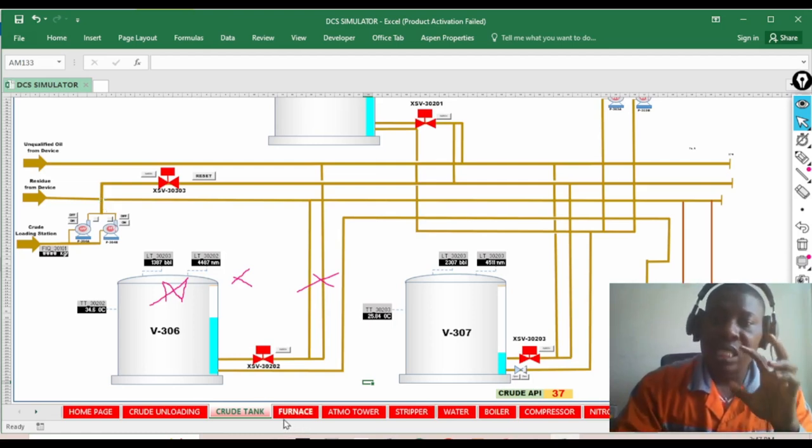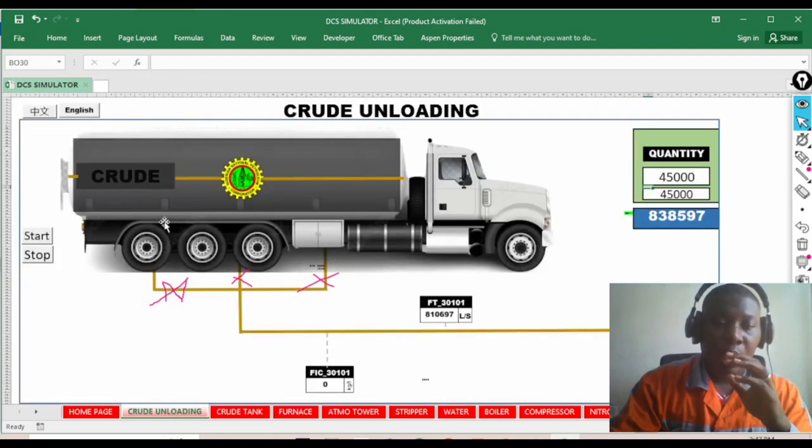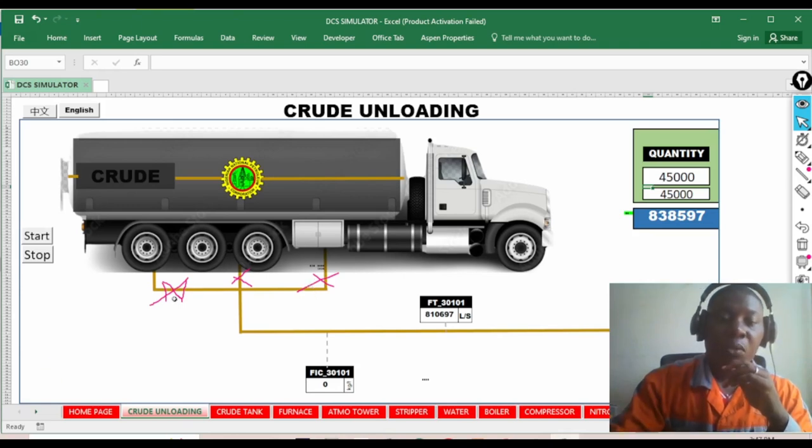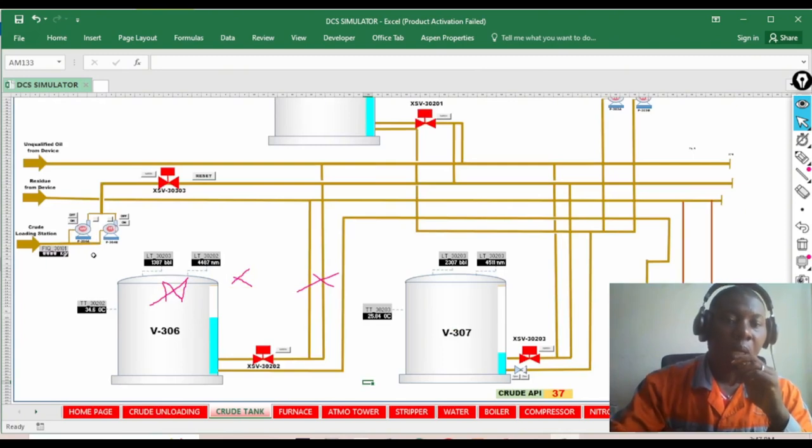So the first scenario is, let's say we've done our lineup. All the valves are lined up down to the pump, and then let's say the operators in the field put on the pump. Now when they put on the pump, let's say the pump is running.